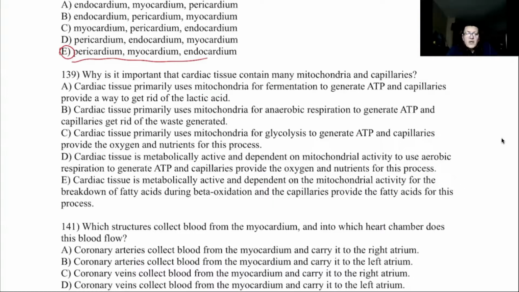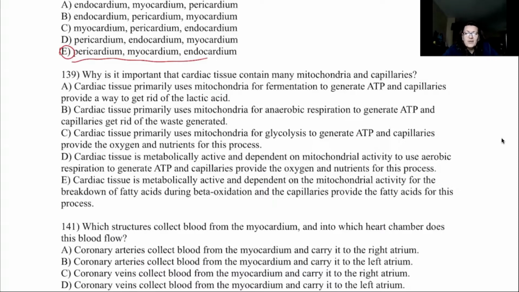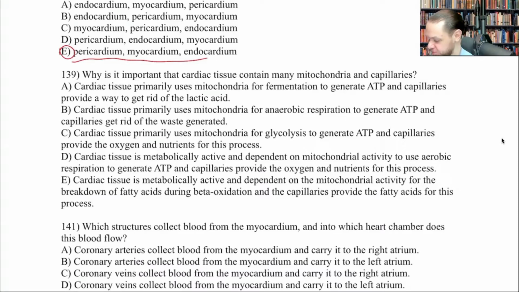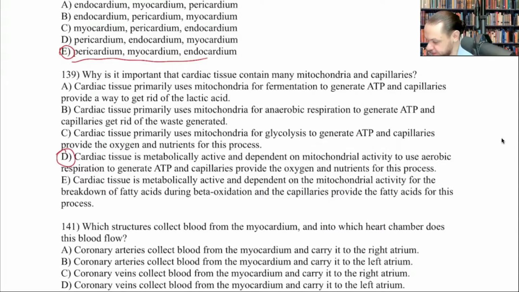No, D is better. D is better, I agree. And why is D better? Now that I read it, apologies. All right, because why is it better? Aerobic respiration generating ATP, capillaries provide oxygen and nutrients for this process. That's the only valid one.